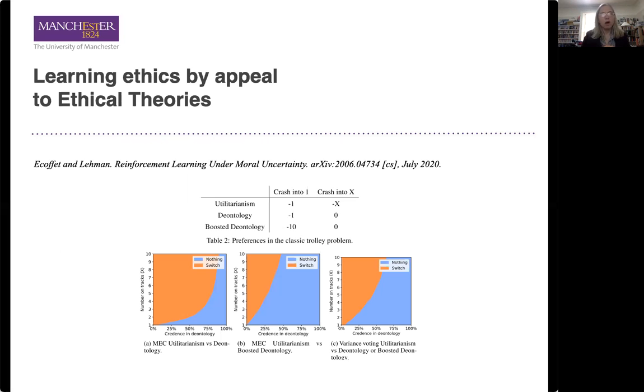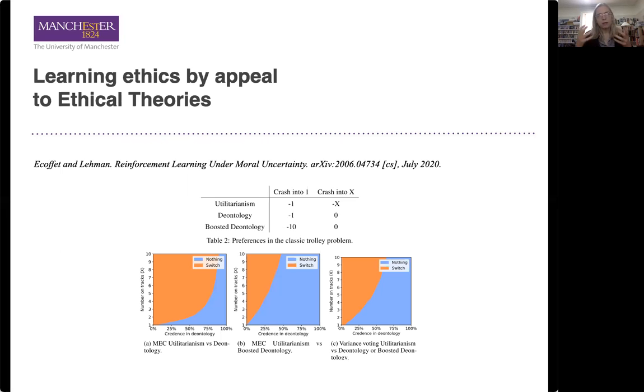And then they've got some graphs. So the blue area is what happens where you do nothing, and the orange area is what happens if you pull the switch. And you've got the number, the X, the number of people you're going to hit on one axis. And so you can see how, depending on which versions of the ethical theories you're comparing, where the decision point is between whether you pull the switch and whether you do nothing.